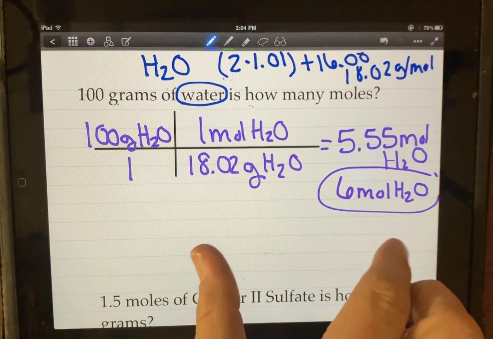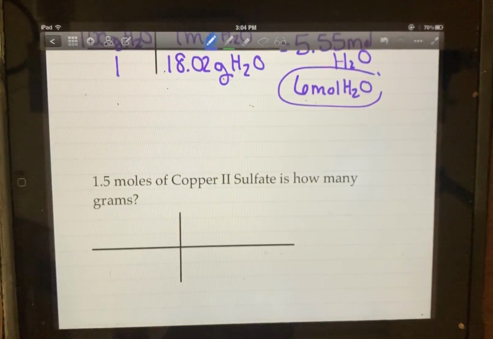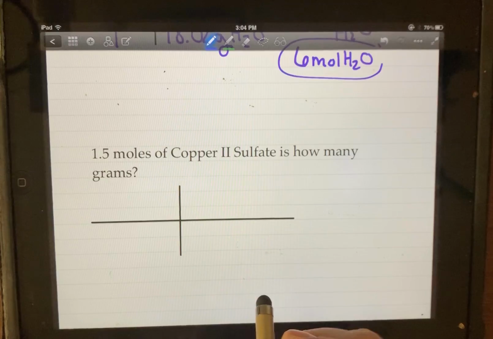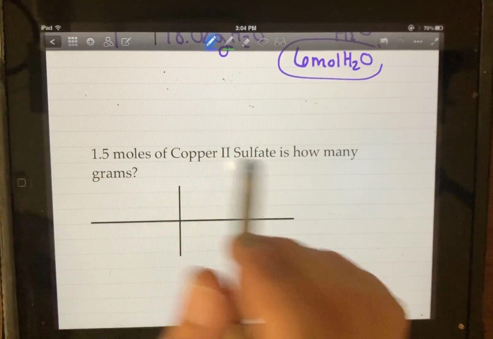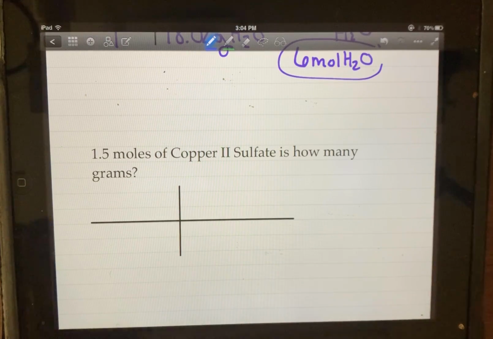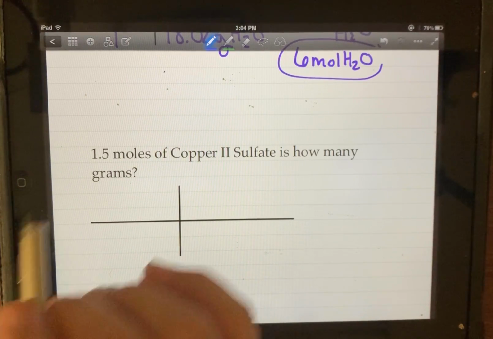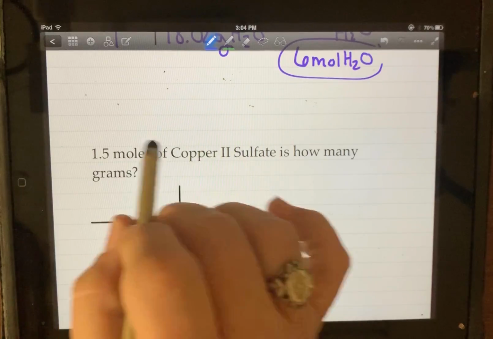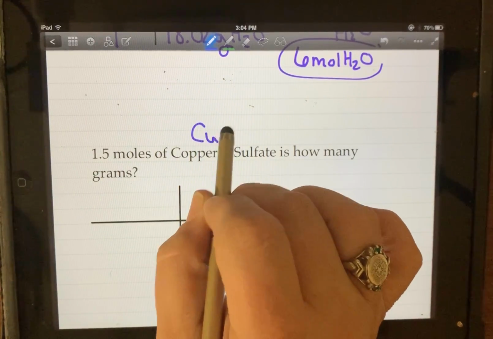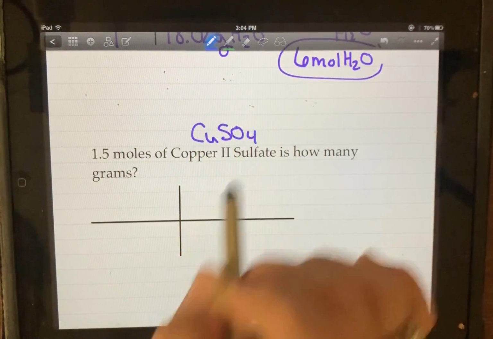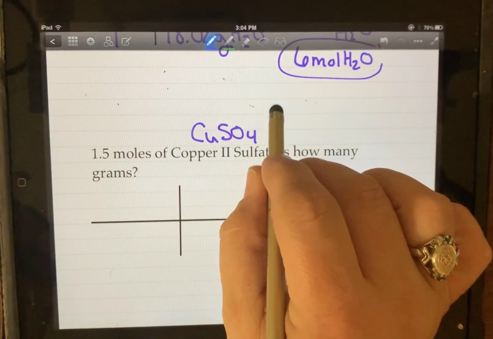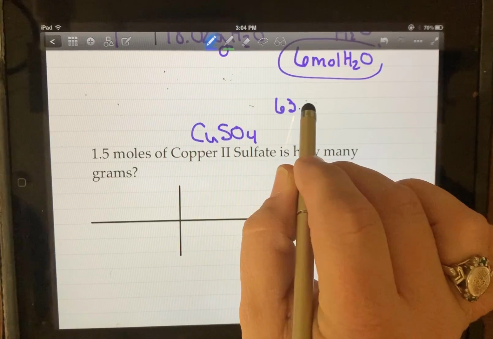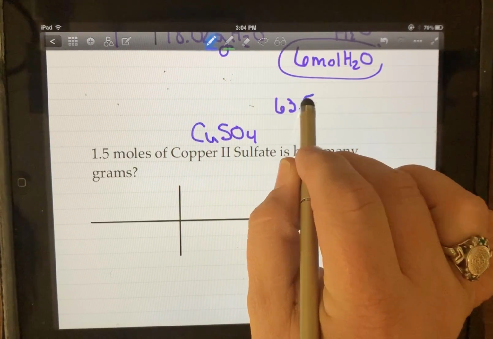Let's do one more example where we go the opposite way. So I'm given 1.5 moles of copper 2 sulfate. How many grams is that? Again, I've got to know what my formula mass is because this is an ionic substance. So this is written as CuSO4. Copper is 63.55.